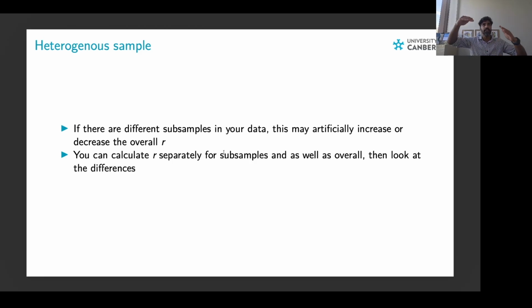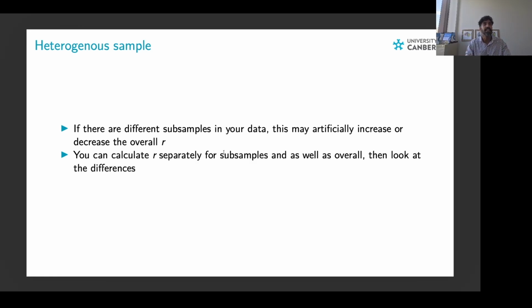So your overall correlation may be 0.7, and it's all positive. But then you may have 4 groups within that, and if you map them, they all show this effect. But in fact, the individual groups are in the opposite direction in terms of their correlation.